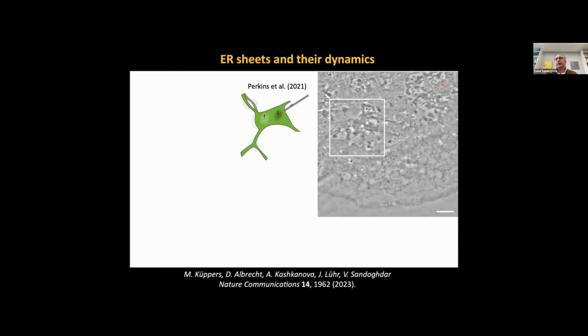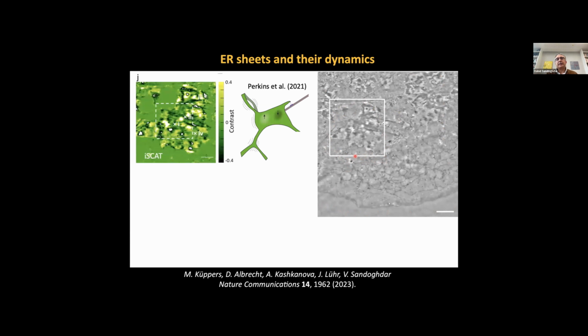So here is a part of a cell that we've imaged, and what you see here is a section of the ER sheet. You see that the contrast has bright and dark parts, and again, that's because these are at slightly different heights, and you can analyze that to learn about the three-dimensional topography of this sheet.